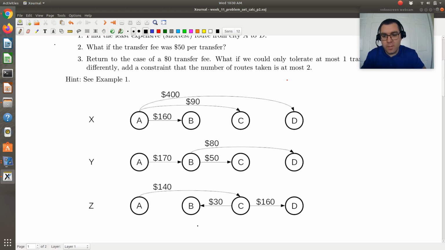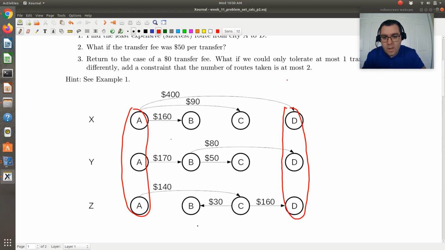So what we're going to do here is redraw my network. Rather than having these 3 separate node A's, I'm going to lump them all into a single node A. But then I can go from A to whatever destinations I'm leaving A for on a flight from a different airline. So I'm going to consolidate my A's. Then likewise, I'm going to consolidate my B's.